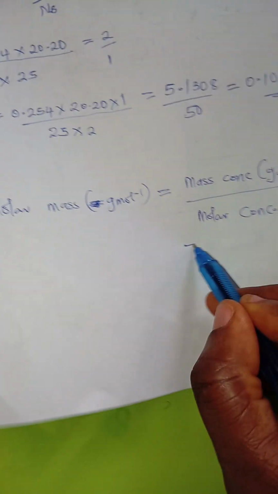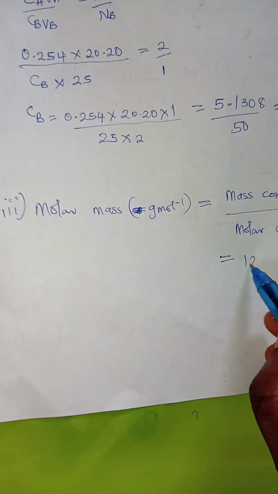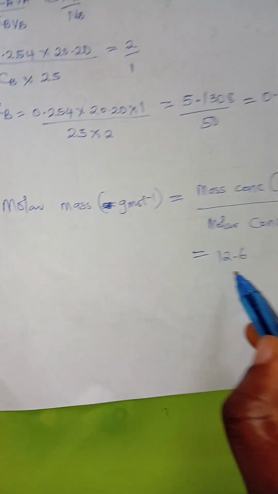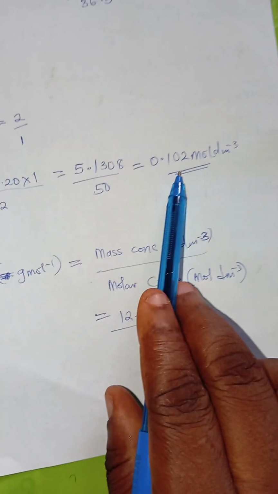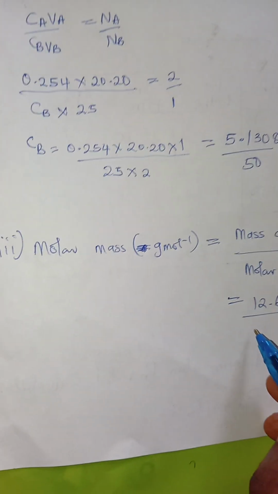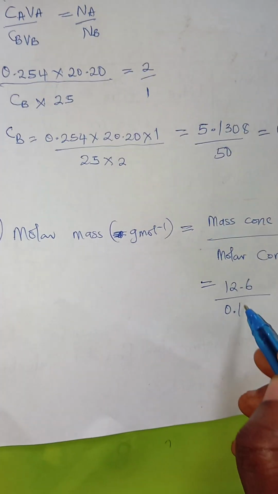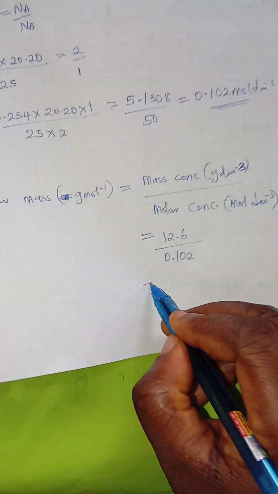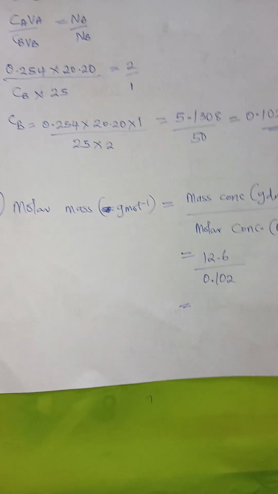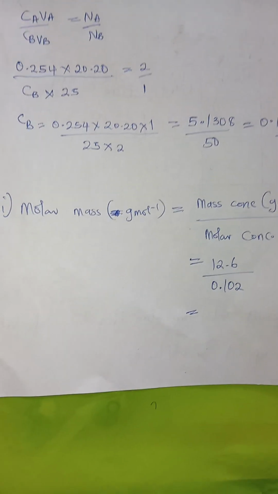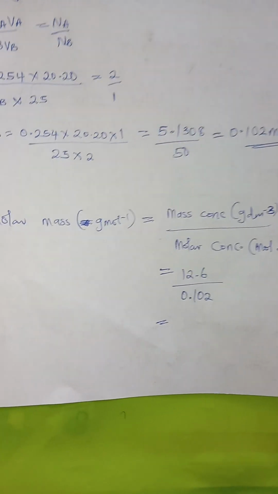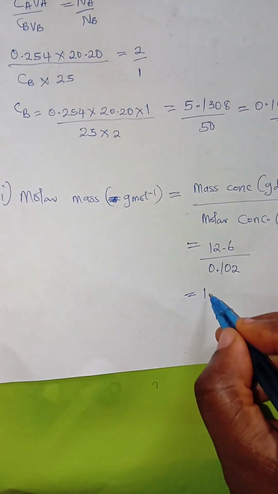So we're using 12.6 all over. What's the molar concentration of your base? Molar concentration of the base is 0.102. So let's divide it now. 12.6 divided by 0.102.